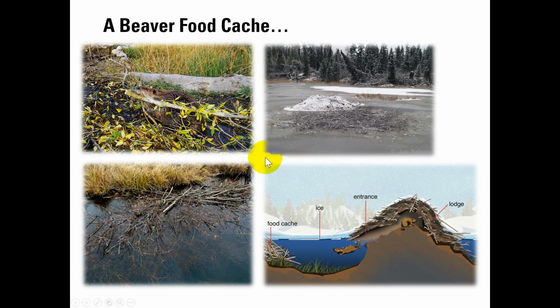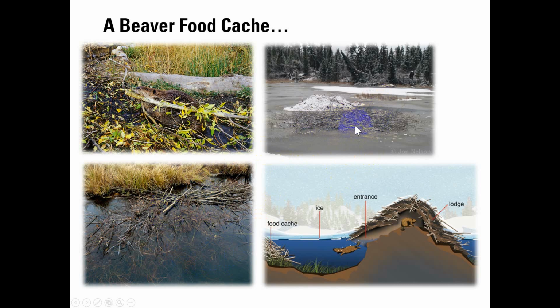Another feature of a beaver complex is their food cache. Beaver collect material. They first create this cap layer. Oftentimes this is branches and stuff that are less preferred, and then below that they store other material, which they drive into the stream bottom and keep under this cap.